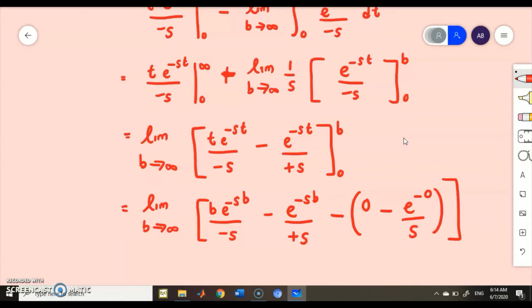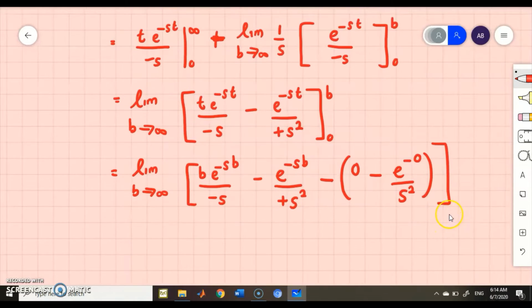Okay, let's check again. So we have this notation now, and oh, I almost forgot, this is s squared. 1 over s multiplied by 1 over s, so I have s squared here. So don't make mistakes like me. And then this negative here, bring it to the front.